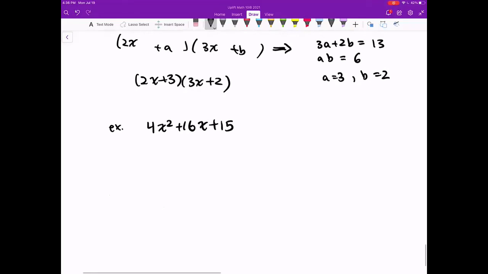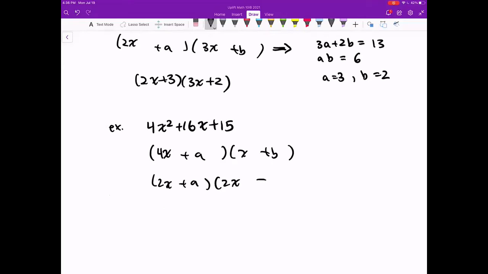So in this case, we have either 4x times (x plus a plus b), or we have (2x plus a) times (2x plus b).